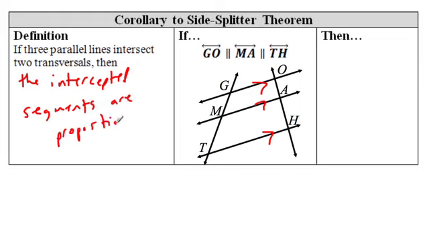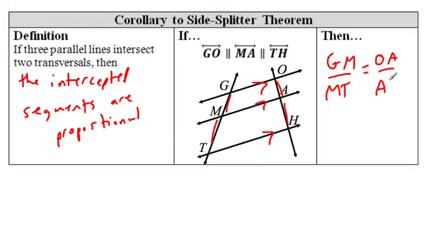So the same idea. It's not in a triangle now, though. It's just saying that, okay, boom, what matches this, just like this matches this. So really I can say, oh yeah, GM to MT is the same thing as OA is to AH. And again, there's more to that. You can do the big sides and whatnot, but that's the general idea. This is to this as that is to that. I love it. Very good.